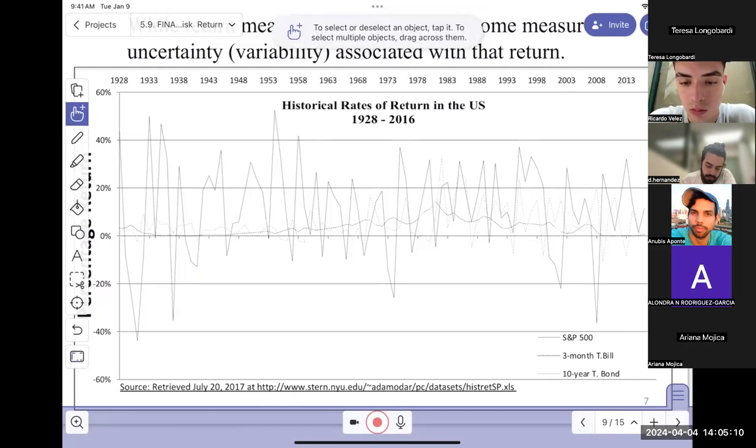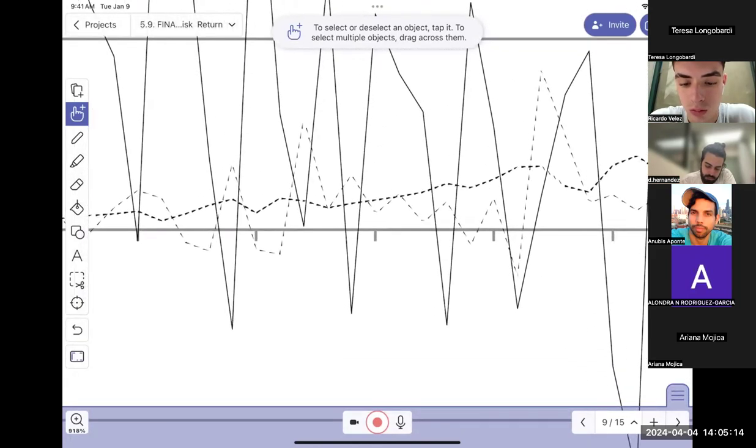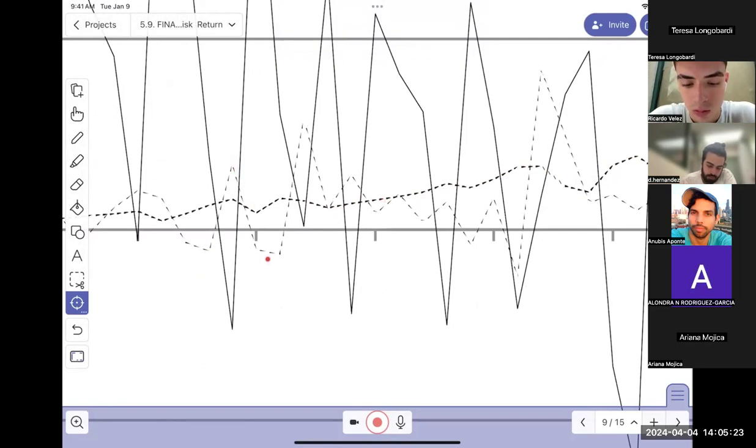So risky assets are more volatile. And then you see the less volatile is the 3-month treasury bill. It's much more flat. It's above zero, whereas the treasury bonds do dip below zero returns, and they do go up, and there's much more volatility.